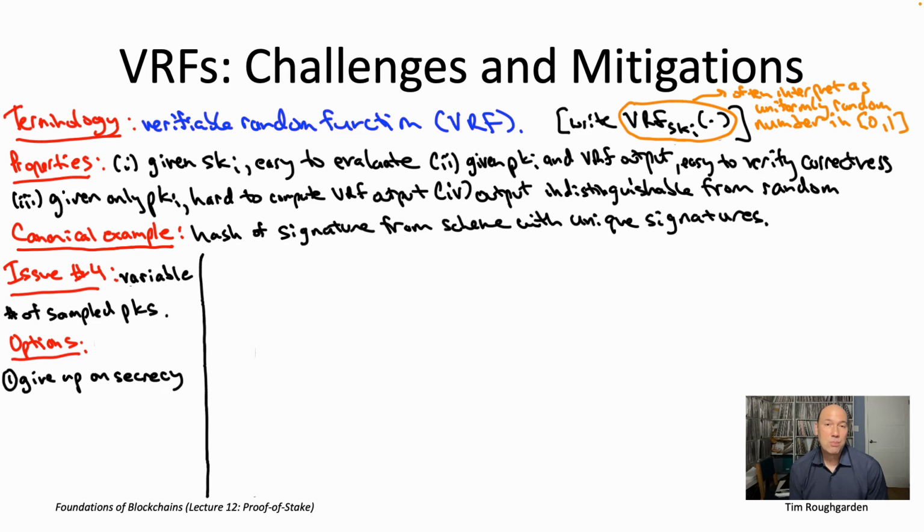And indeed, some of the major proof-of-stake blockchains do take exactly this approach, like Solana and Cosmos would be 2 examples. On the other hand, there are some major proof-of-stake blockchain protocols that actually do this VRF-based sampling, and do really care about the secrecy property. Algorand being an example on the BFT-type consensus side, Cardano being an example on the longest chain consensus side.